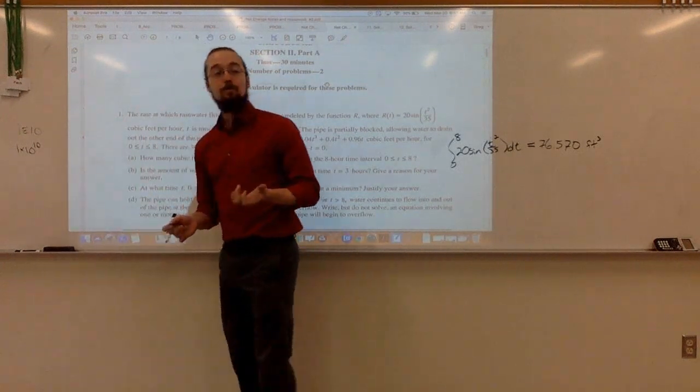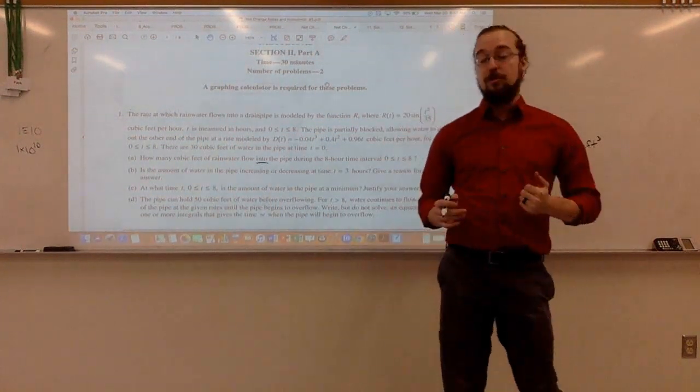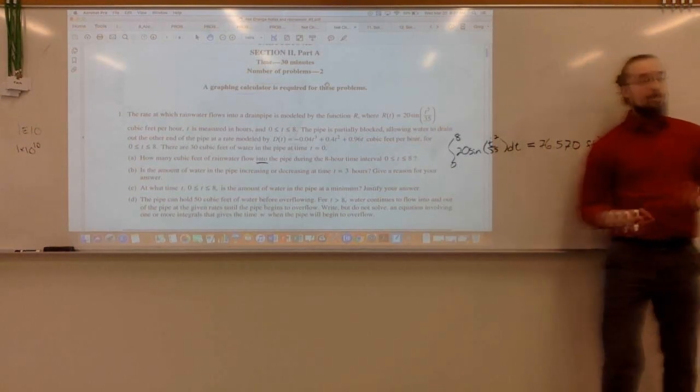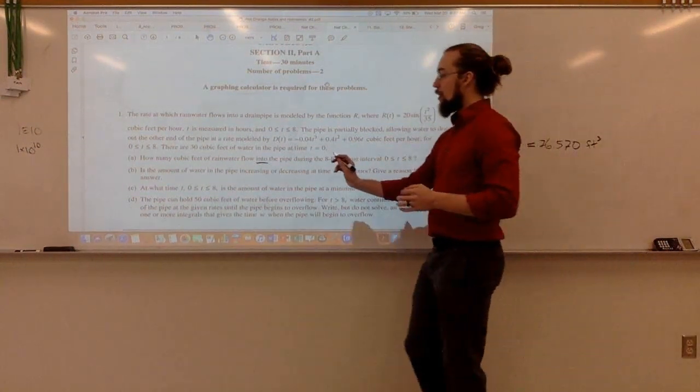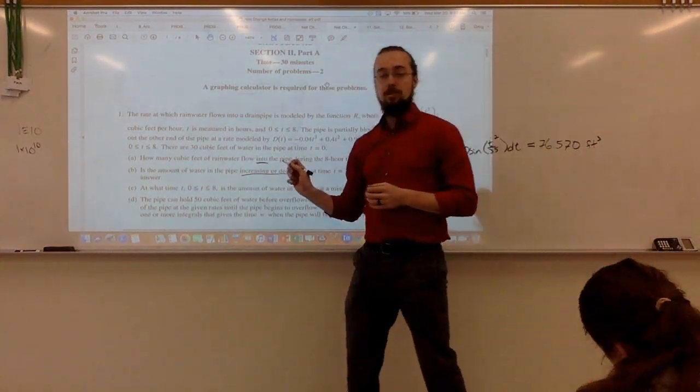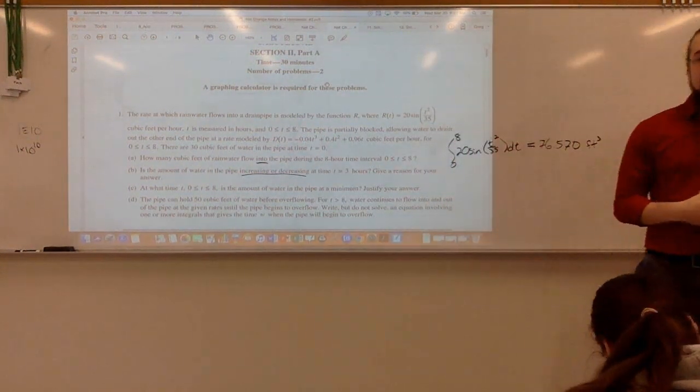Yeah, so we just want to plug 3 into the functions that we have, not into the integral. Because what I want to figure out here is whether I'm increasing or decreasing, not what the total amount is.